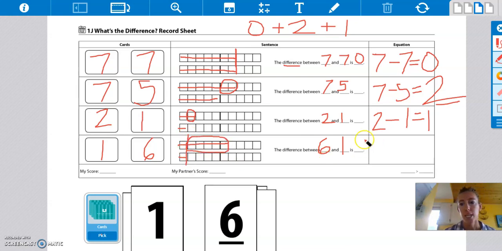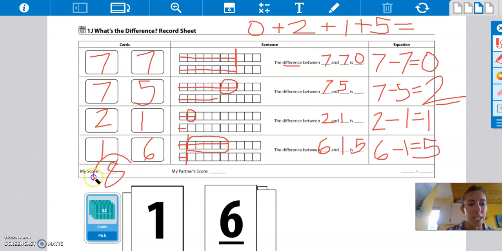It's right here. They have a difference of 5. Oh my gosh, I got a good number on that one, didn't I? So I get to add 5 here. So now my total score is, well, 5 and 1 is 6, and 6 and 2 more is 8. Can you get more than 8 and beat me?